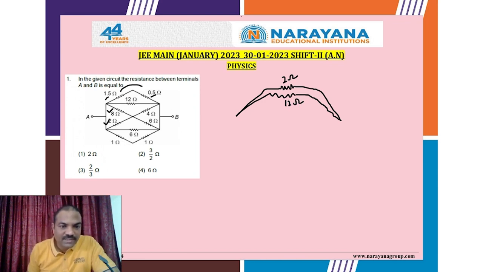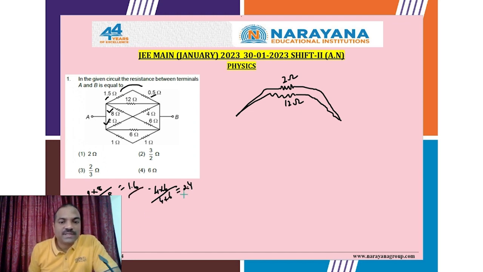Their effective resistance is 2 into 8 by 2 plus 8, which is 16 by 10, 1.6 ohm. Then again the 4 and 6 will be in parallel, so that effective resistance will be 4 into 6 by 4 plus 6. These are very easy and fundamental questions.